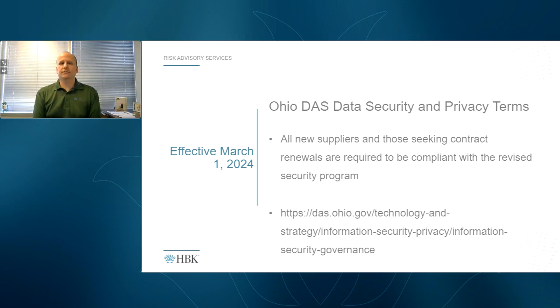If they offer specific services or house state data, there are going to be some new requirements that might require an annual independent assessment or a SOC 1 or SOC 2, depending on the nature of the data and what services they're providing. I assume if it's more financial reporting, they'll lean toward a SOC 1 engagement requirement, or if it's more security and data privacy, it'll be more in the SOC 2.